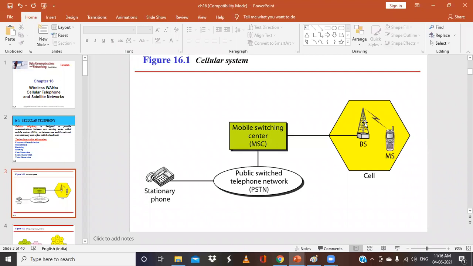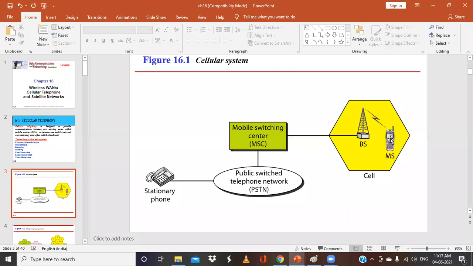They are called base stations. This base station and MS together we call a cell, represented with a hexagonal structure. Every hexagon has a base station, which provides communication for the different mobile stations.